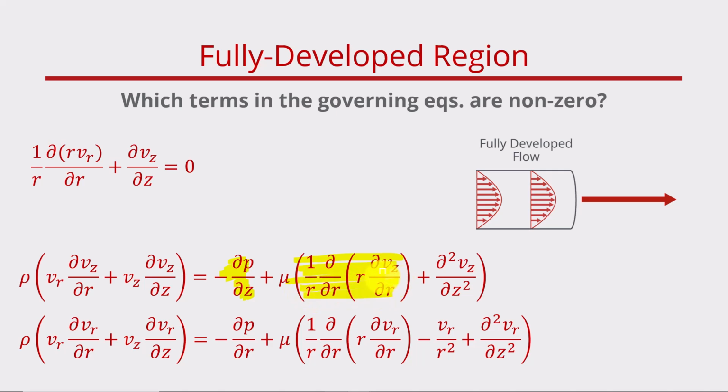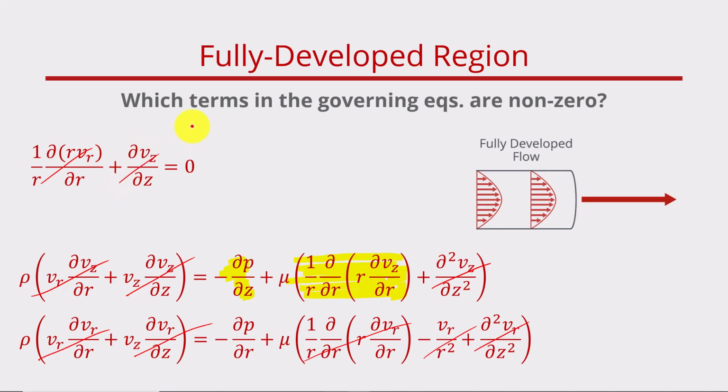Those are the only non-zero terms. Everything else is zero. I won't go through the reasoning for that. You can show that all this is zero, and in fact this equation says that dp/dr is zero. There's no variation of pressure in the radial direction. You can also show these terms are zero.